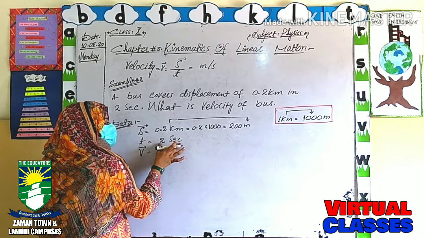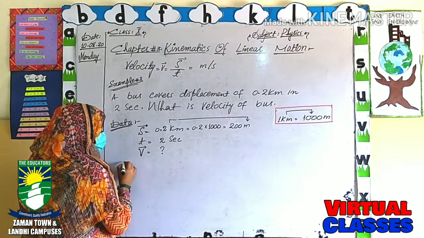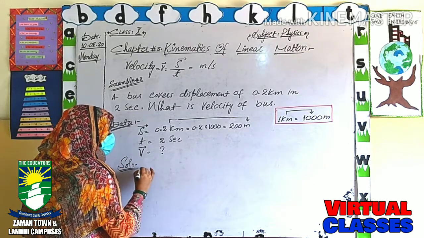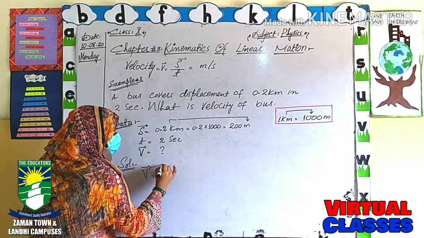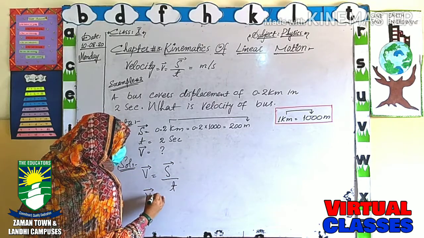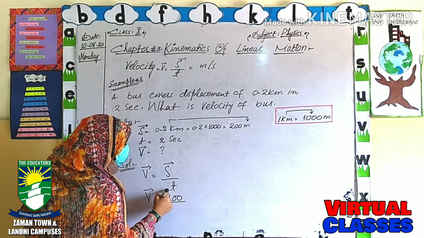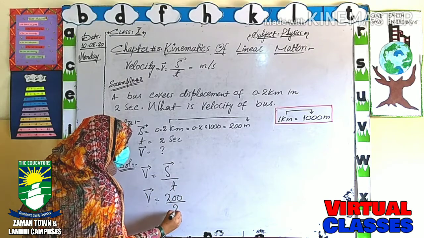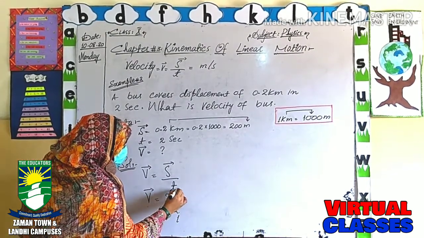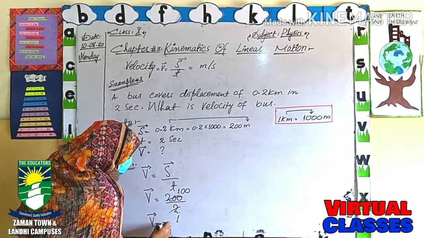Time should be given in the second. It is already given in the second. Now we have to calculate the velocity of the bus. As we know, the formula for the velocity is displacement or the distance divided by time. V is equal to distance, here 200, divided by time according to the data, that is 2. 2 ones are 2, 2 ones are 2, 0, and the velocity will be 100.